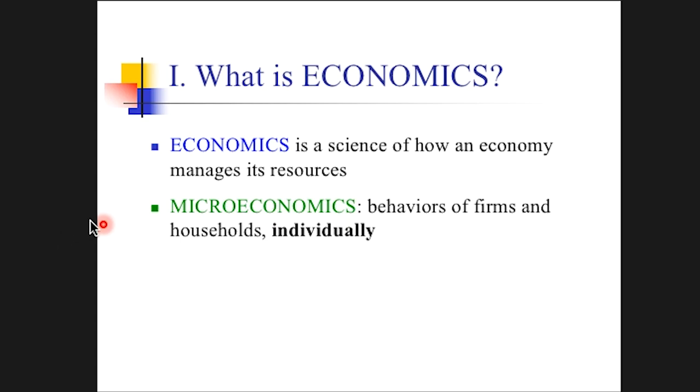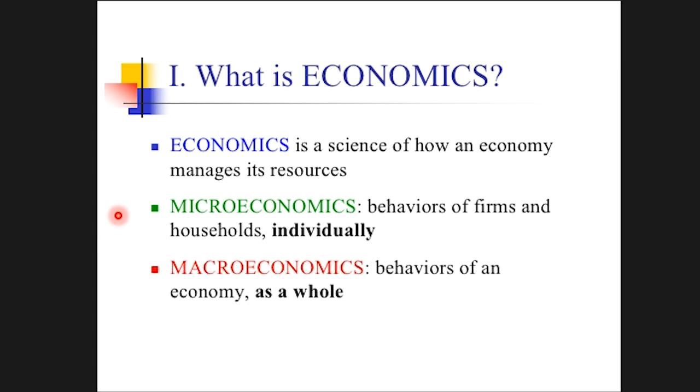Microeconomics is the behavior of firms and households individually. And if we study the economy as a whole, the big one, this will be the field of macroeconomics. Macroeconomics is the science to study the behavior of an economy as a whole, the big one.